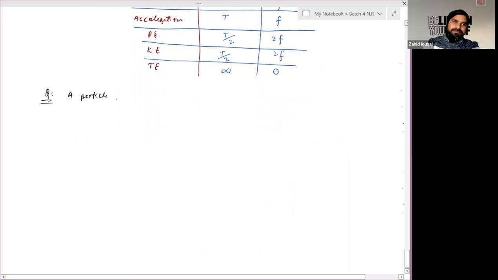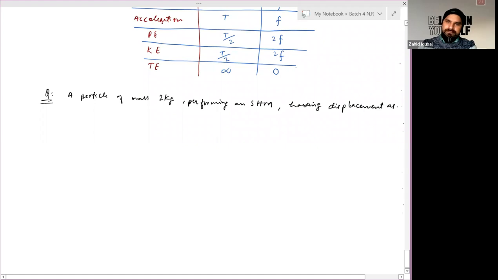A particle of mass 2 kg performing an SHM having displacement as y equals to 0.02 sine 10 pi t.